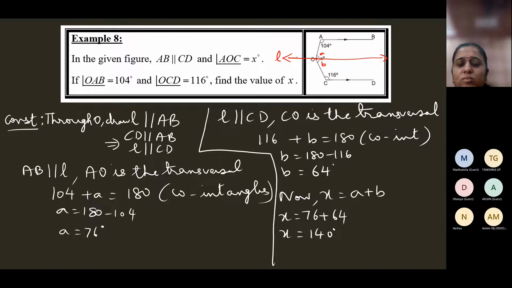You can even take two points and call them X and Y. So through O, draw L parallel to AB. So this is the construction.